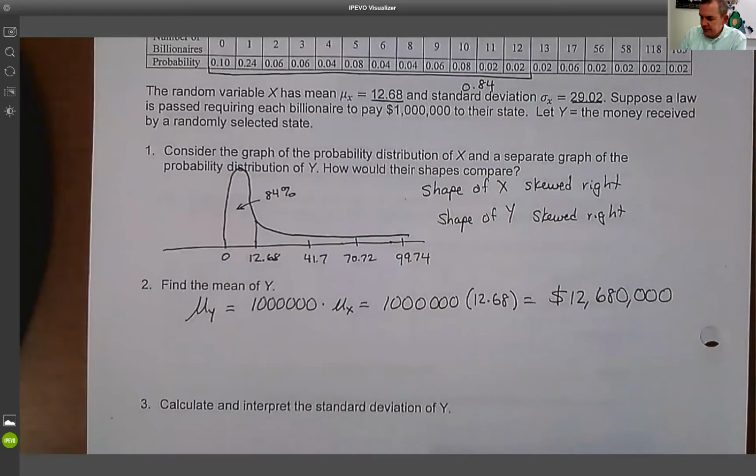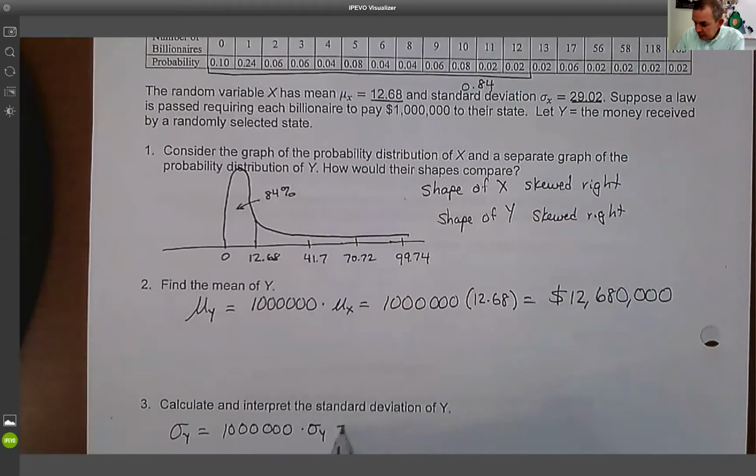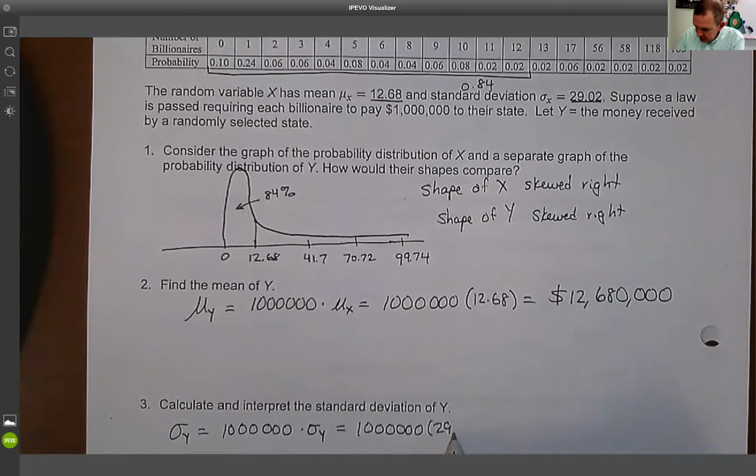Calculate and interpret the standard deviation. Well, the standard deviation of Y, since it's a multiplication, we're allowed to multiply. So we do 1,000,000 times 29.02. This gives me $29,020,000.